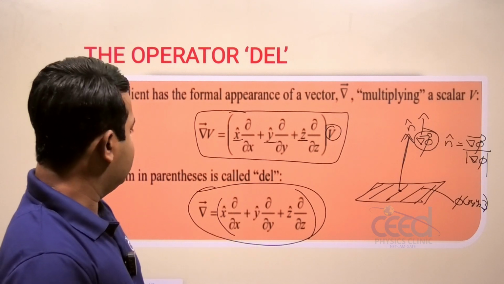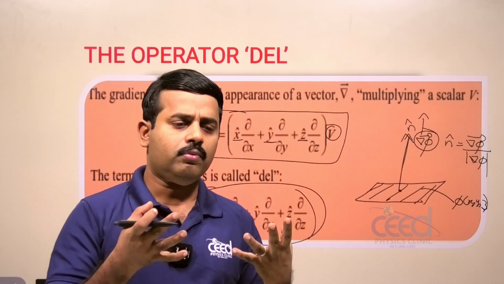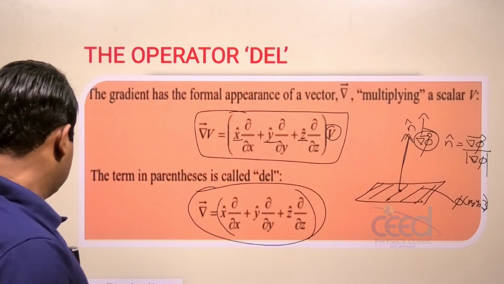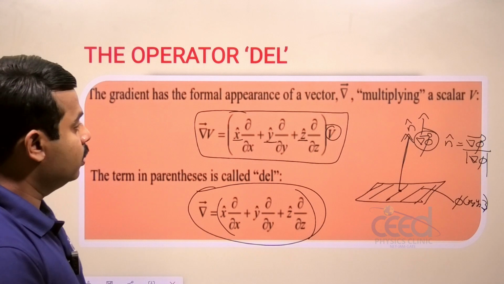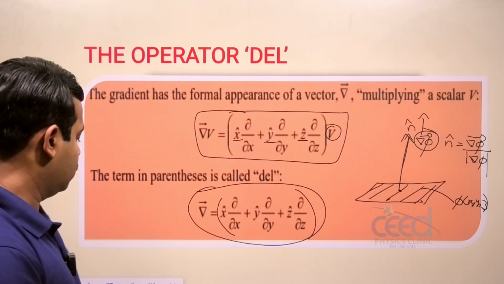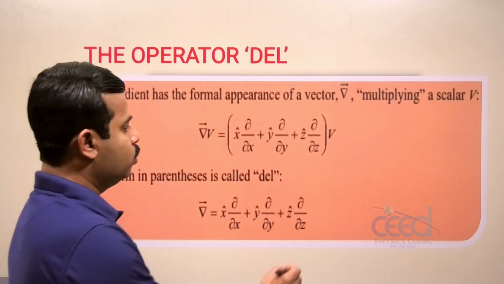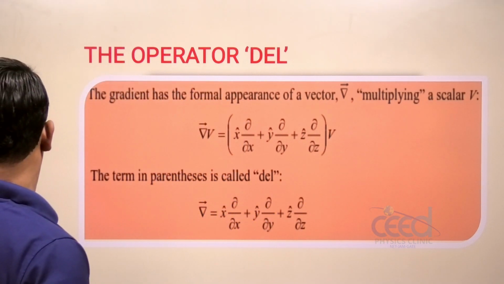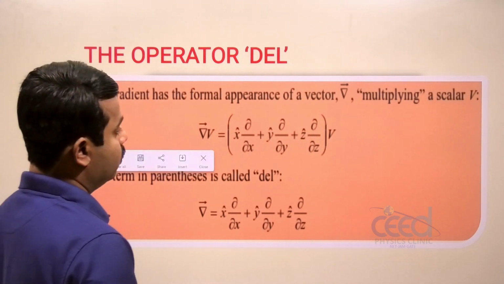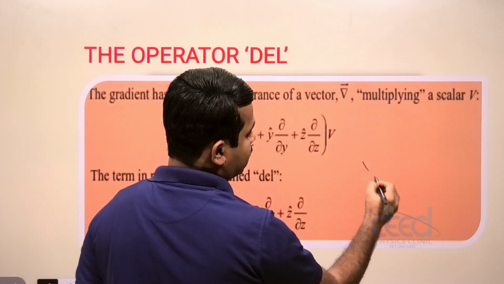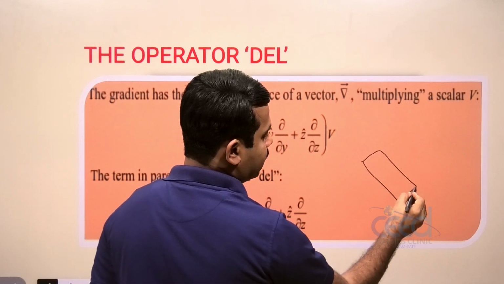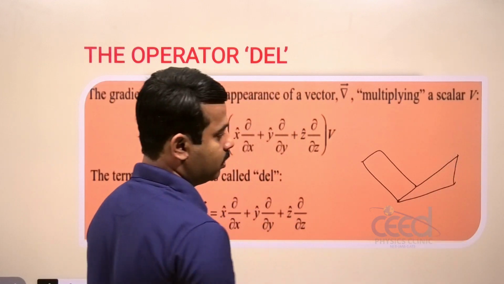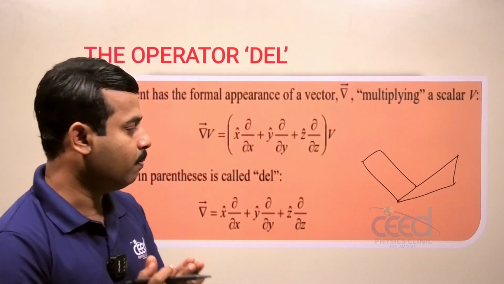Now another possible question, let me show. Suppose two surfaces are given. One surface is this, another surface is this, placed at an angle theta.